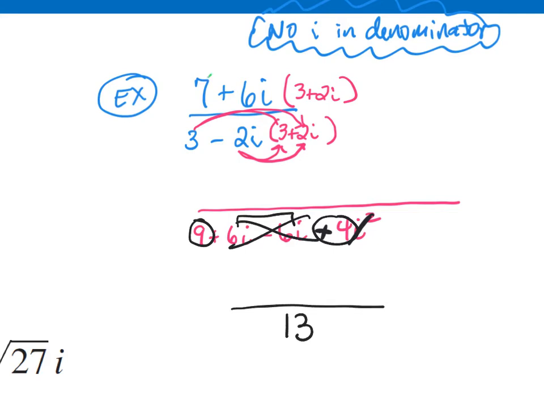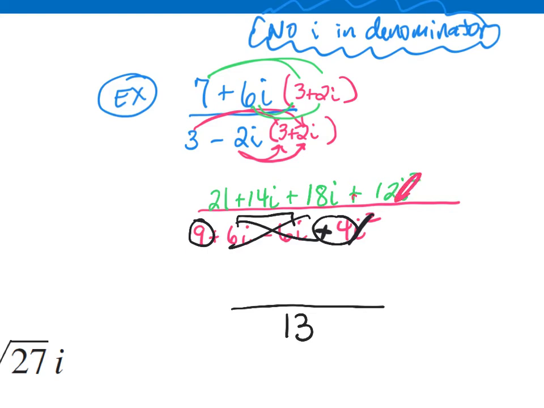Foil it. 7 times 3 is 21. 7 times 2i is 14i. 6i times 3 is 18i. And then 6i times 2i is 12i squared. So what happens when I see i squared?